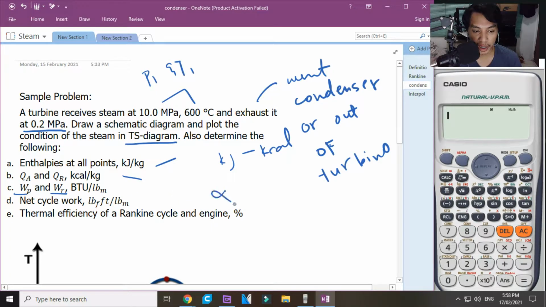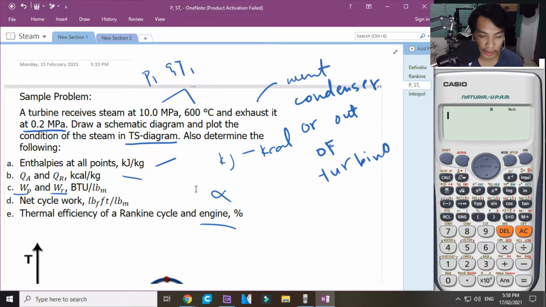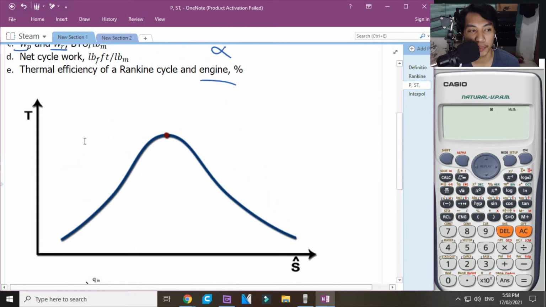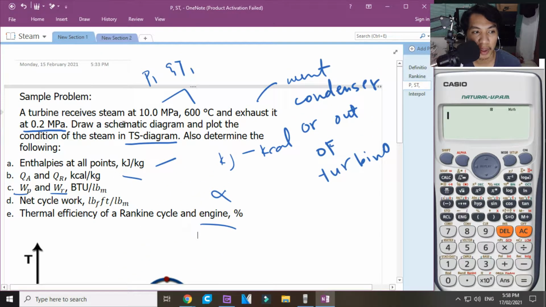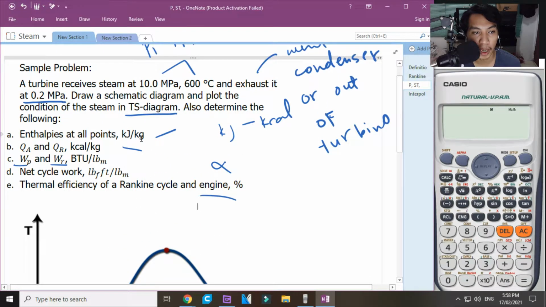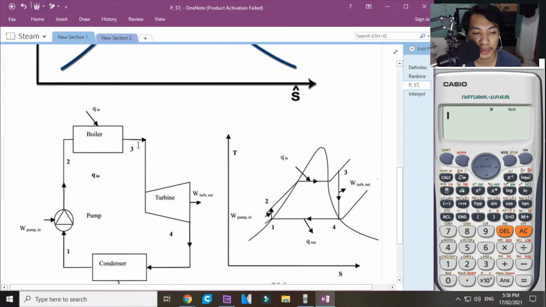We will not do the engine yet, I will bring that in next meeting. Or we could also include it here, we can derive that. Now, let us go with the determination of all the points. So, let us set aside this PV diagram. The problem says that the turbine receives the steam at 10 MPa at 600 degrees Celsius.